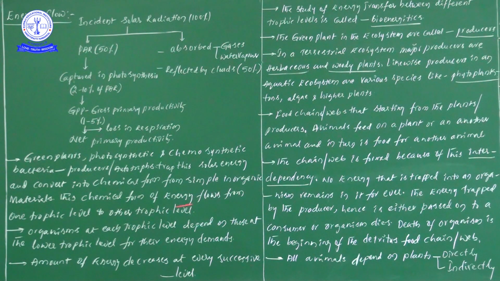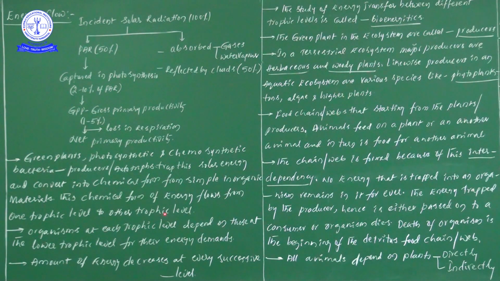In plants, organic matter is synthesized with the help of inorganic materials, but that chemical form will not stay only in that plant material. It flows from one trophic level to another trophic level.